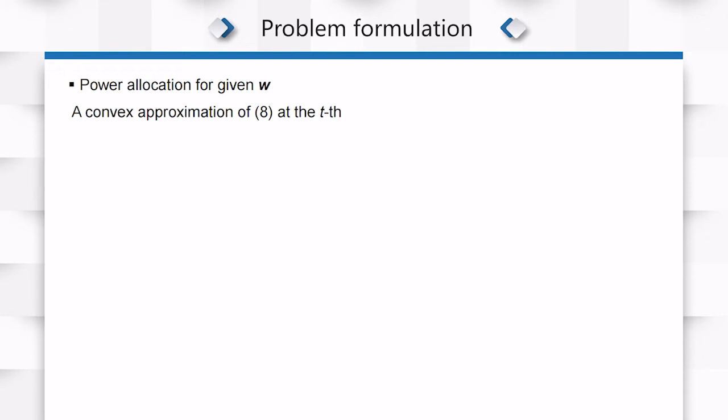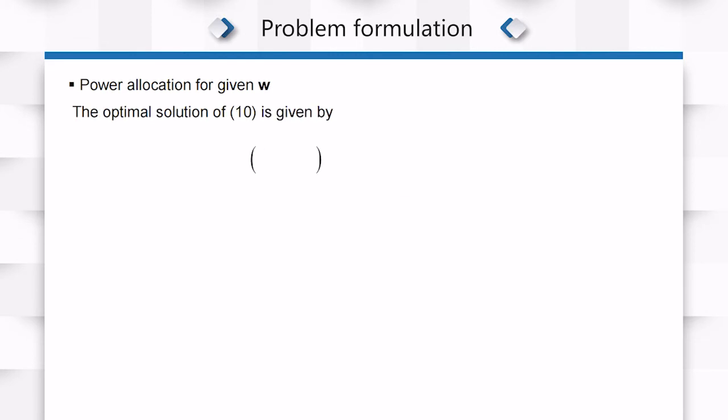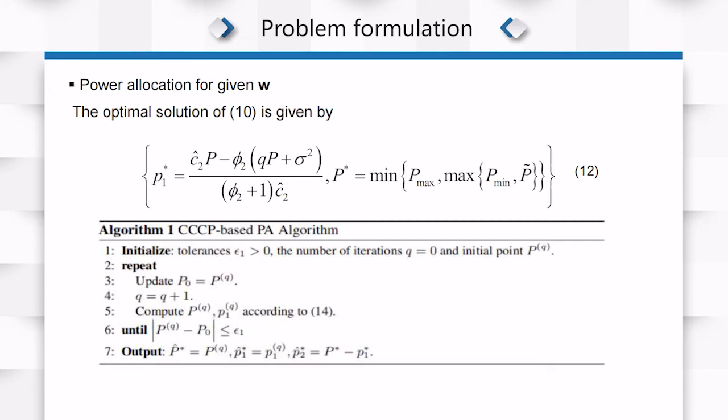With the aid of the Lambert W function, the solution P tilde is expressed as equation 11. So the optimal solution of the above problem is given by equation 12. The algorithm for power allocation is summarized as algorithm 1.